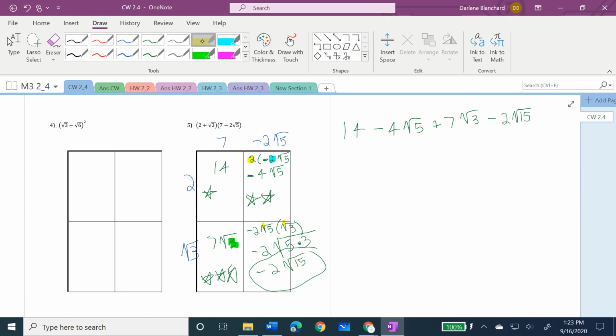If I'm going to bring any of these terms together, they have to have exactly the same root index, and they have to have exactly the same thing under the root, and none of them have the same thing under the root. I cannot add them together.